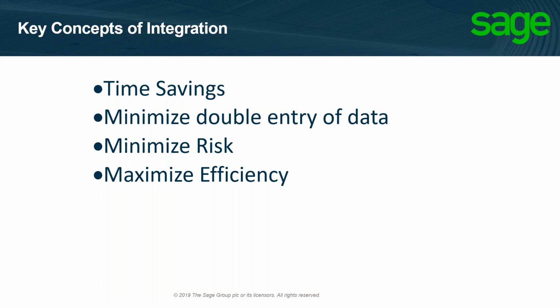And the number of times that we're entering that data multiple times just increases that risk exponentially, so to speak. So we want to give you the capability with a seamless integration to minimize that particular risk potential. And then, of course, increase the efficiency within your organization.